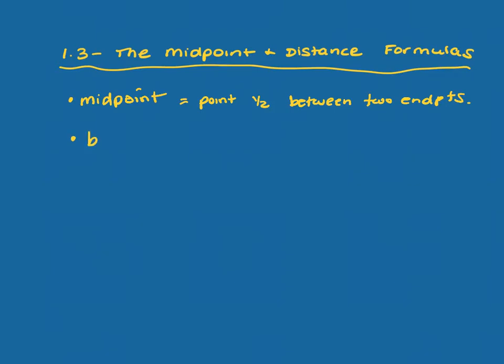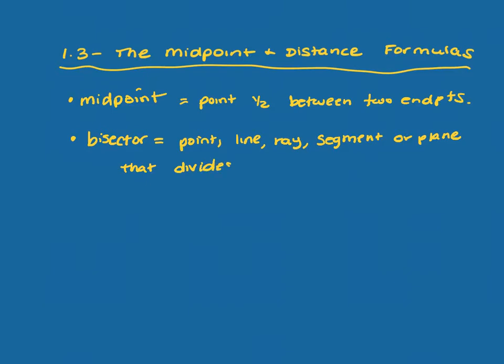We talked about a bisector, which could be a point, line, ray, segment, or plane that divides a segment into two equal parts.